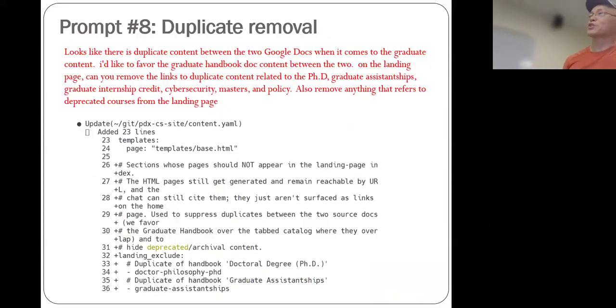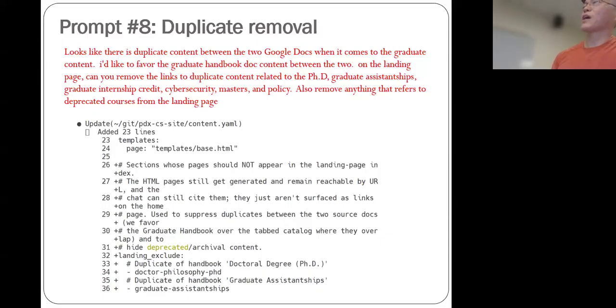Okay, then there's duplicate content between the 2 Google Docs. Because the handbook was a separate page, the duplicates didn't get surfaced on the website because it was separate. But as soon as you make the graduate handbook headings have separate pages, it's like, what do you want to do with these things? So there's Doctor of Philosophy has multiple tabs, Graduate Assistances have multiple tabs.